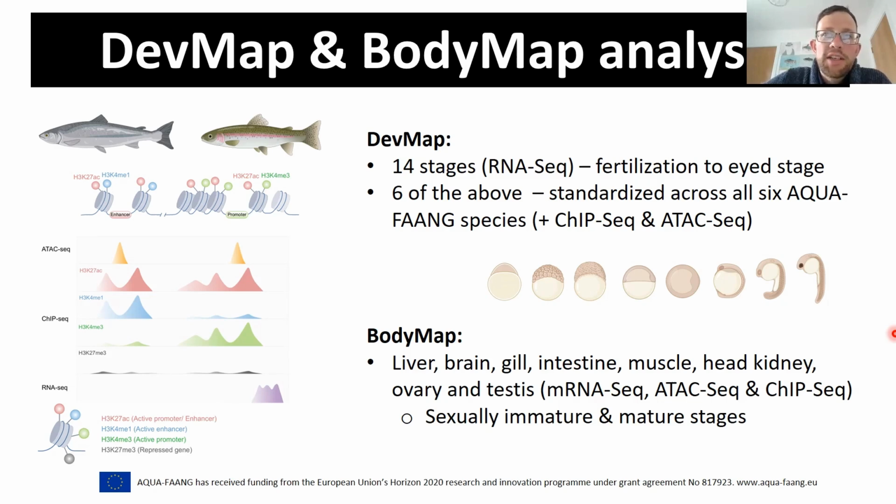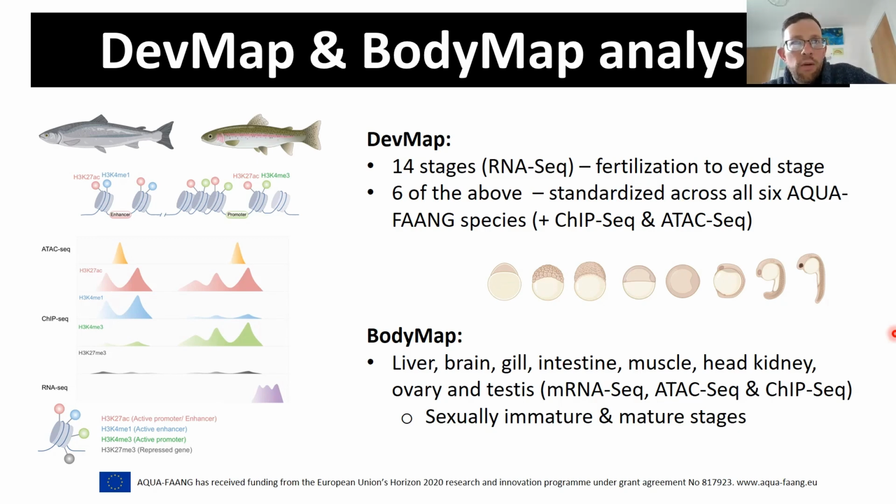So this is really similar resolution to studies that have been done before in model species like zebrafish, but it's a much more challenging sampling effort in salmonids, as it takes about 5 weeks to get to this same stage of development in these species.